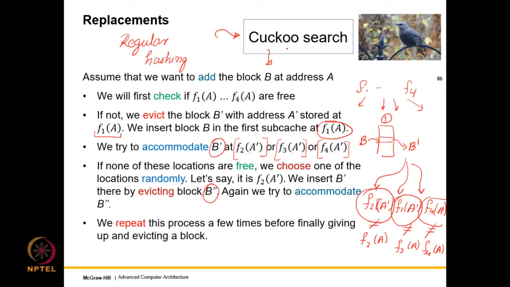So unbeknownst to it, the crow actually helps incubate and hatch the eggs of the cuckoo. And once baby cuckoos are born, their mother comes and they are collected and they fly away. So we are in a sense playing a similar trick over here, where we have different hashing functions and we toss around blocks and so on.